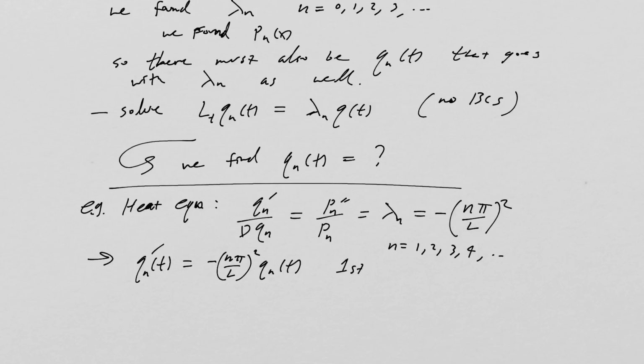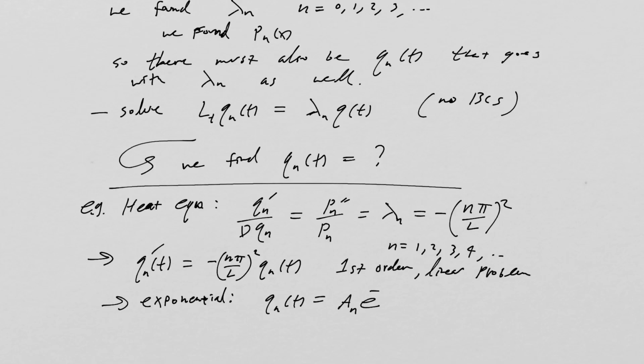All right, this is a first order linear problem. It has solutions that are exponential. So we're going to have Qn of t. These general solutions are going to be an e to the negative n pi over L. Oh, you know what? We forgot the d. There was a d sitting there.